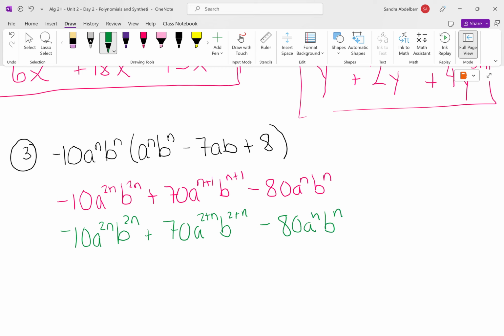Hey, anybody get anything different? Negative 10, a to the 2n, b to the 2n, minus 10, a to the n, b to the n. Did anybody get anything different?